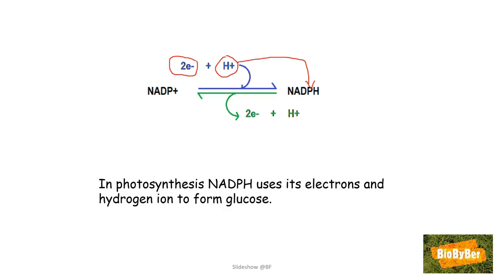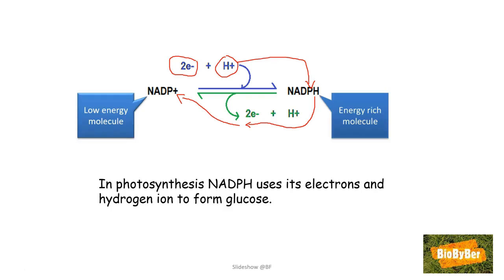And again, the whole idea of interconvertibility is important here because the NADPH can drop off the 2 electrons, drop off the H+, and be converted back to NADP+. So NADP+ is a low energy molecule and NADPH is an energy rich molecule.